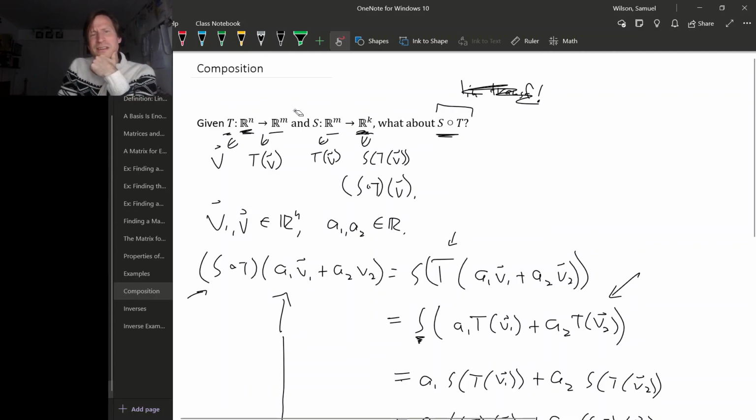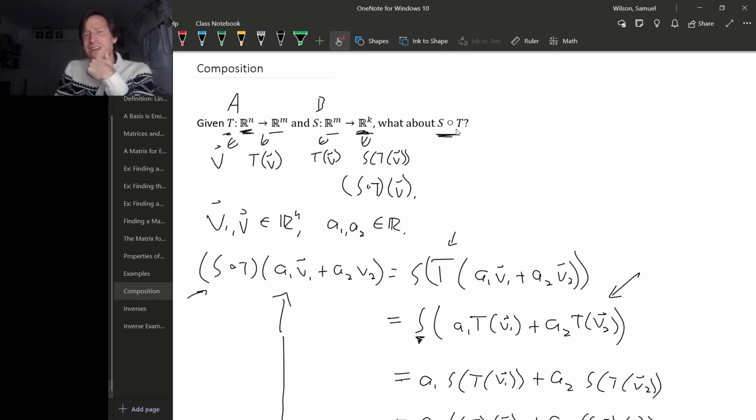Suppose we knew the matrix for T, suppose it's A, and the matrix for S, suppose it's B. If S composed with T is a linear transformation, it has its own matrix.